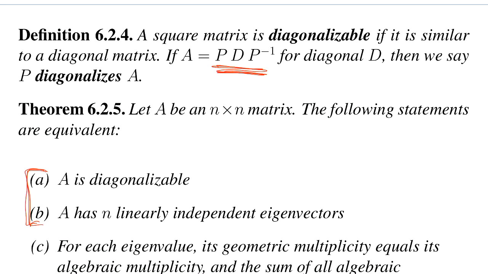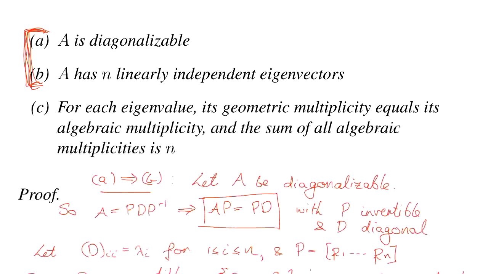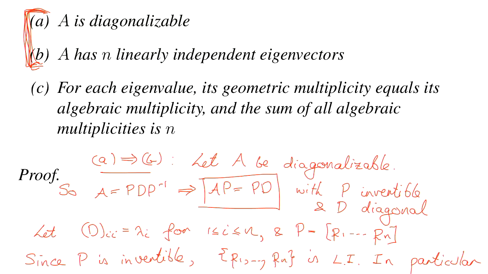But this theorem says, in fact, your matrix is diagonalizable if it's an n by n matrix, if and only if it has n linearly independent eigenvectors. Okay, so the answer to the diagonalizability question is entirely based on eigenvectors. And there's another characterization which goes more deeply into this, which tells you when you have n independent eigenvectors in terms of these multiplicities.